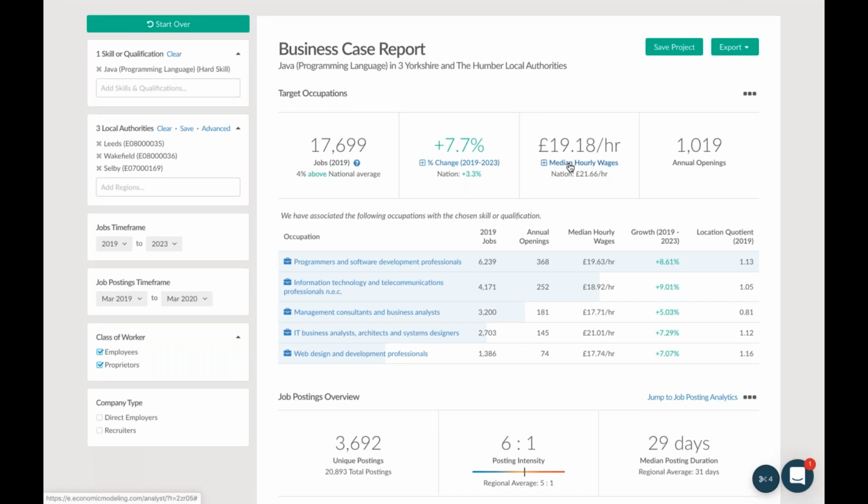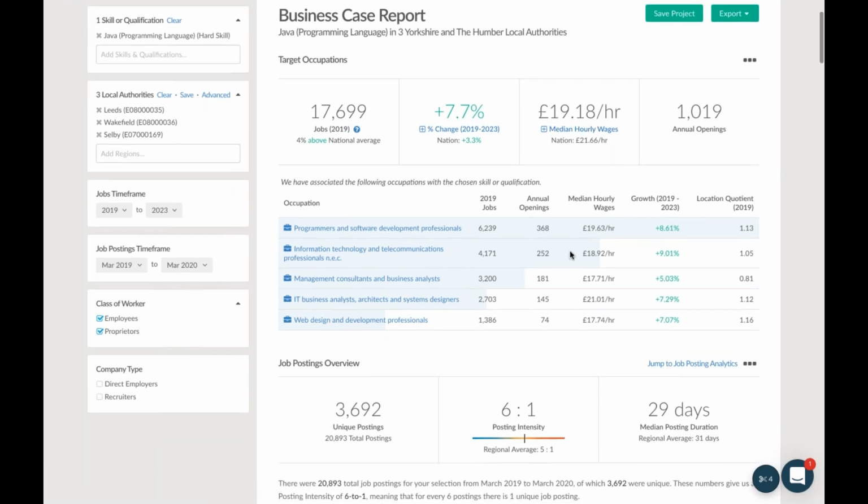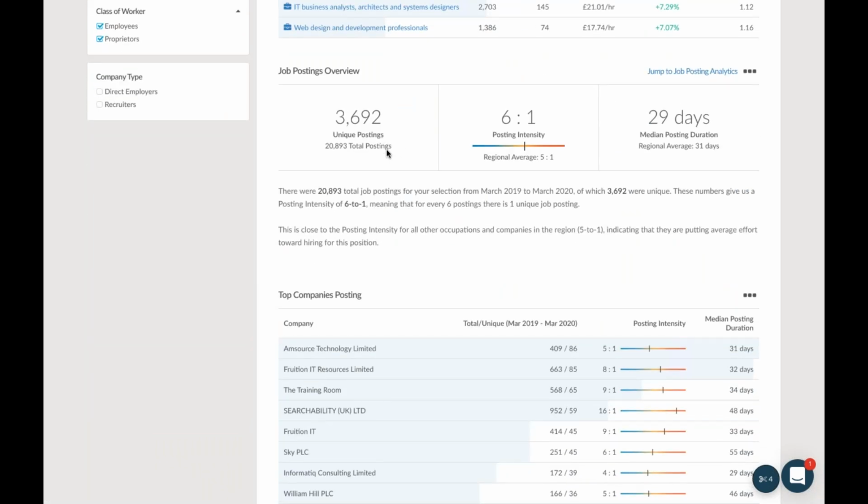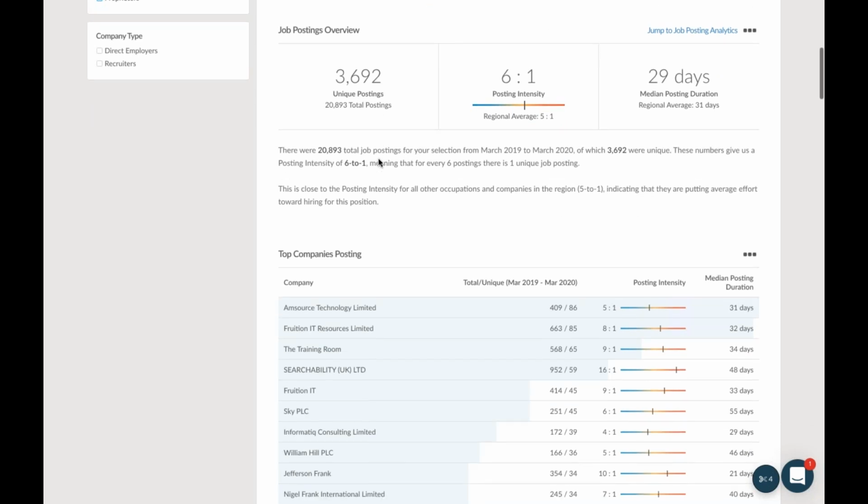Good strong median hourly wages. We can see that there have been just under 4,000 job postings relating to that skill in the last 12 months.